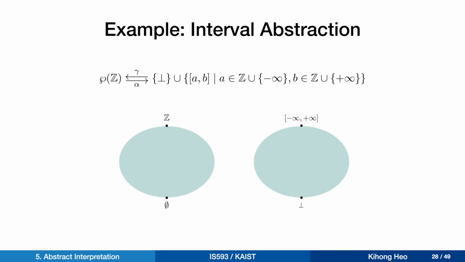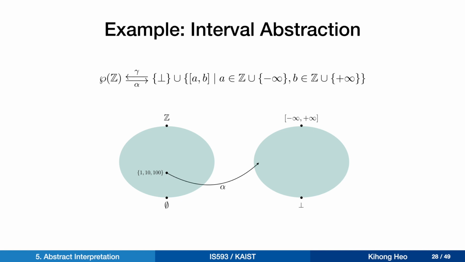Notice that the abstract domain itself is an infinite set, with infinitely many elements and infinitely long height. Again, suppose we pick the same element in the concrete domain, the set of 1, 10, 100. Intuitively, what is the abstraction of this set in the interval domain?